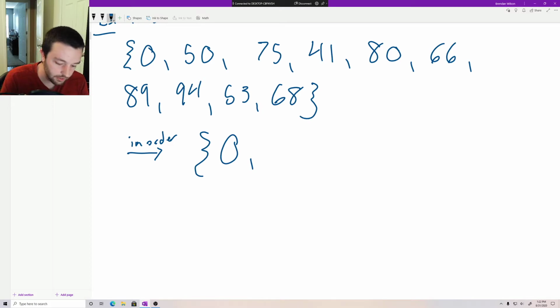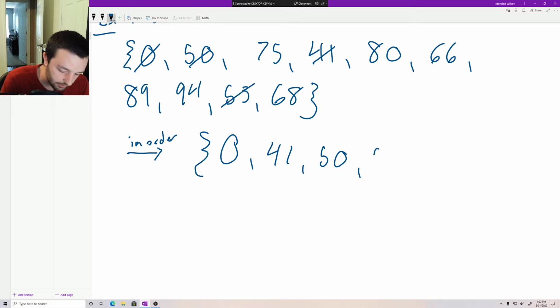Okay, so we got 0, and you can just kind of cross them off as you go. Next lowest is 41. Next lowest is 50. Next is 53. Next is 66.